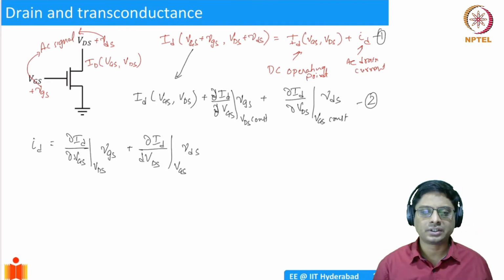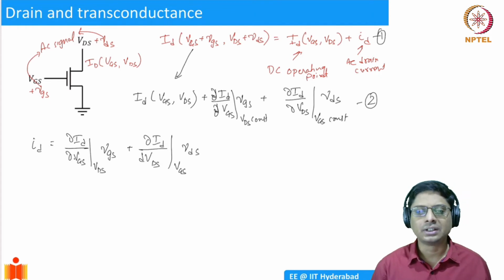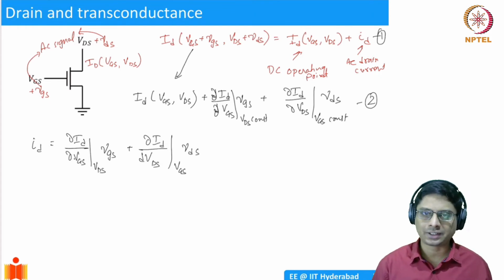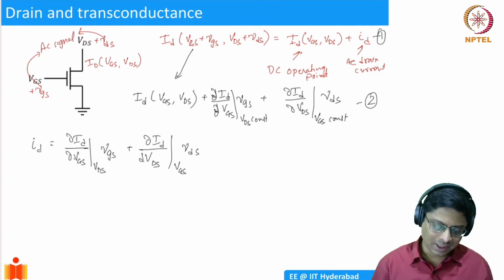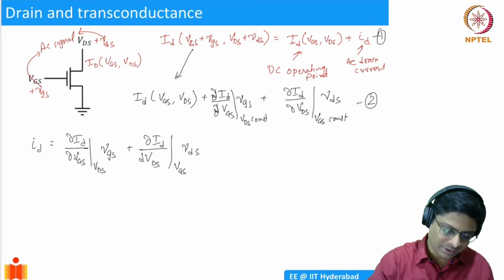This is a very interesting thing, because whenever you have an AC voltage applied to either gate or drain, the impact on the drain current can be calculated by knowing two parameters, which are essentially derivatives of the IV characteristics. These two parameters are very crucial, so we give them a separate name.